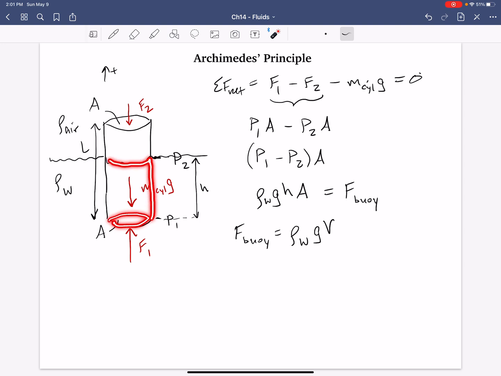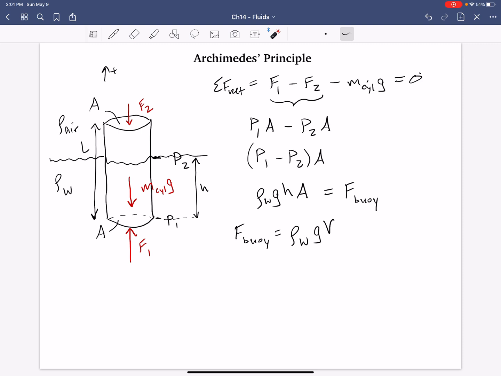So really, that's the volume of the submerged object, or the volume of the fluid that's displaced when the object is submerged. It does not have anything to do with that volume up there that's in the air.